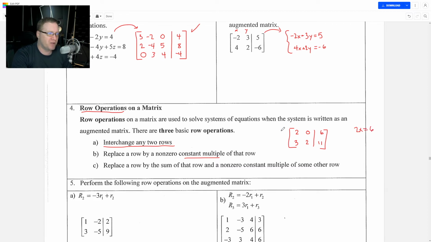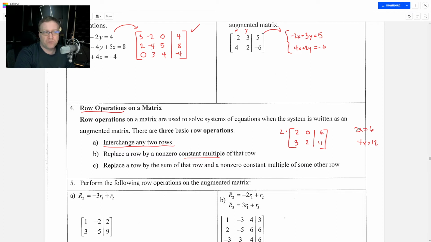If I multiply this whole row by 2, all right, just the top row here. If I multiply that whole row by 2, what does that change it to? That changes it to 4, 0, 12, which is 4x equals 12. I just multiplied everything by 2, right? But does that change the equation?